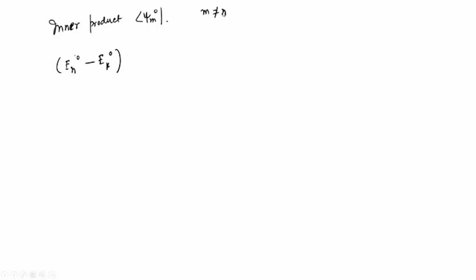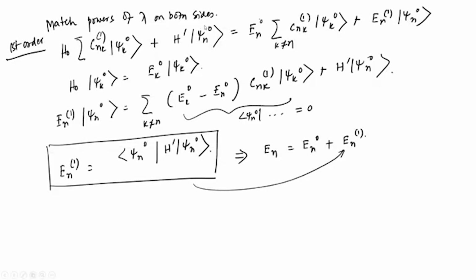If m is not equal to n, the left hand side does not give you anything, because if you use this equation and take an overlap with psi m0 with m not equal to n, then this term gives you 0, and this term of course will give you a result, because m can be equal to k, and m may not be equal to k, but it turns out that if m is not equal to k, then this term does not give you anything.